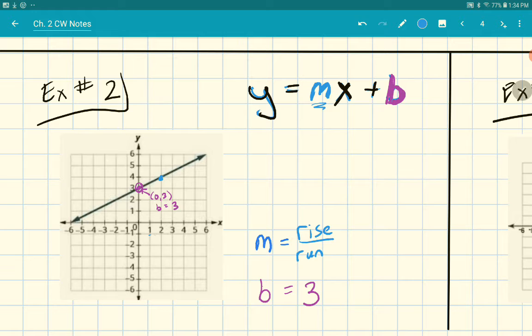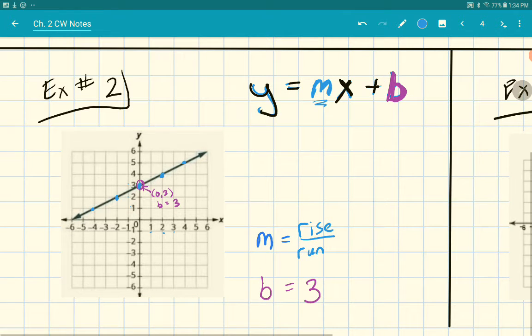This graph counts by 1, so make sure you check your axis labels and count by the same thing the axis is counting by. I like to look for 2 points that cross somewhere on the grid, so it's easy to identify what that number is. So I'll go from this point to this point.